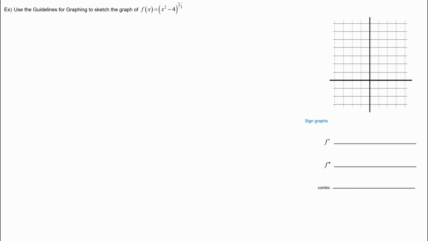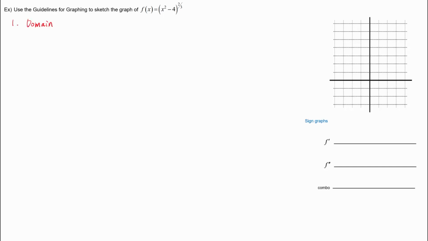Example. Use the guidelines for graphing to sketch the graph of f of x equals the quantity x squared minus 4 to the 2/3 power. So what was the first step? The first step was to find the domain.